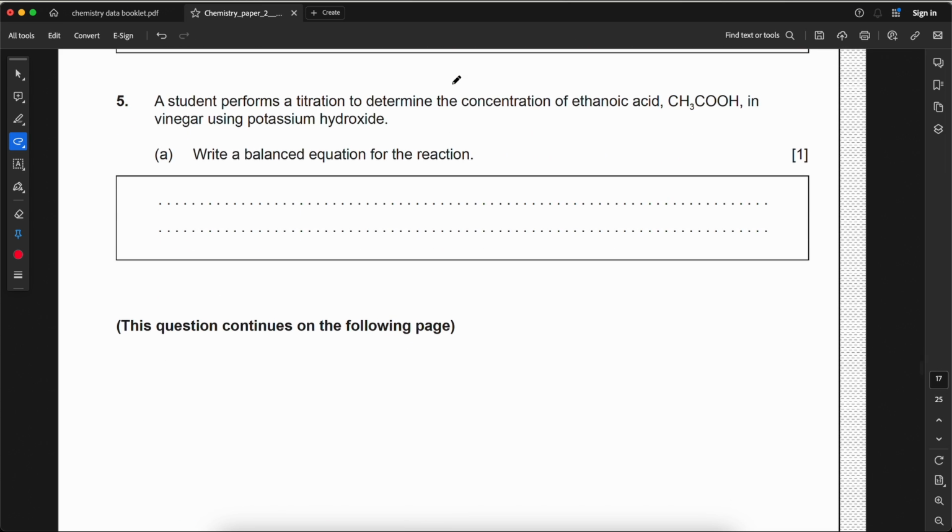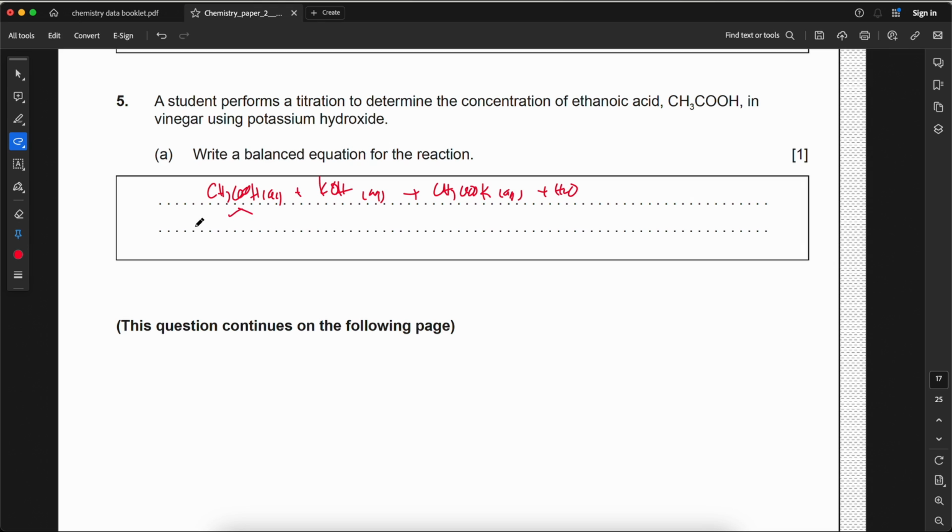A student performs a titration to determine the concentration of ethanoic acid in vinegar using potassium hydroxide. Write a balanced equation for the reaction. So that would be CH3COOH aqueous plus KOH aqueous will produce CH3COOK aqueous and H2O.